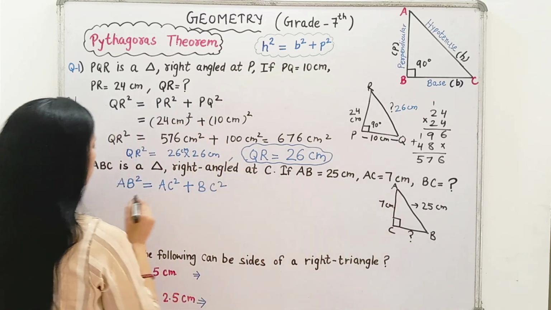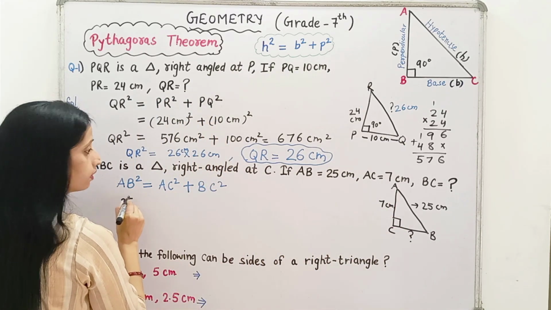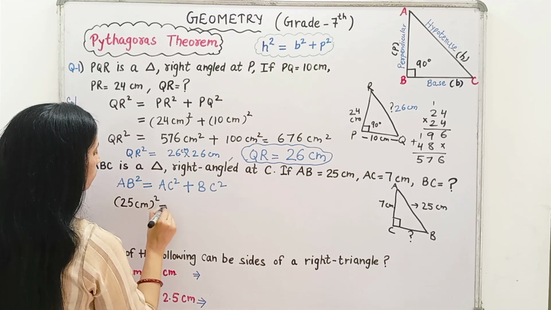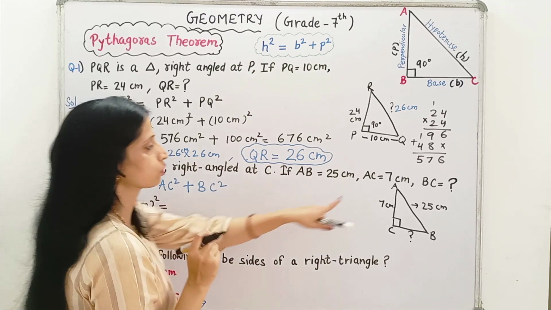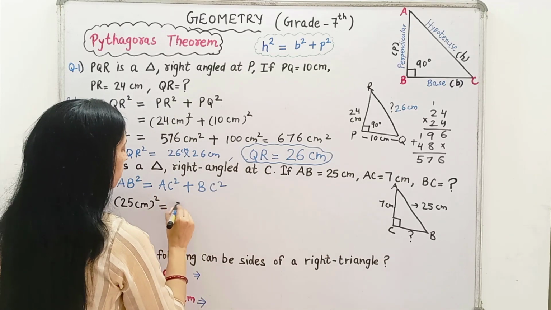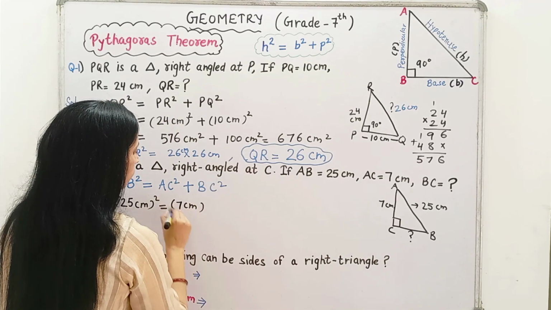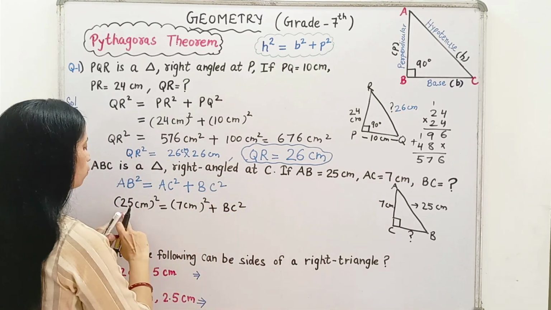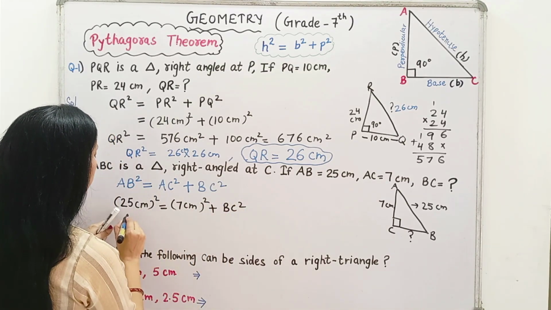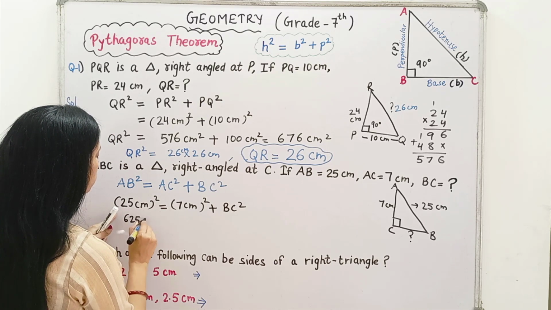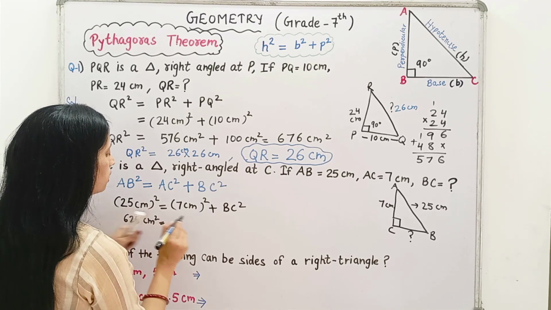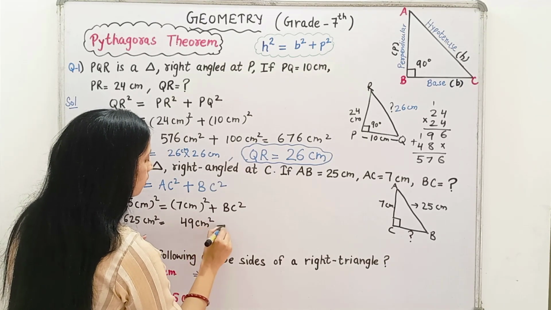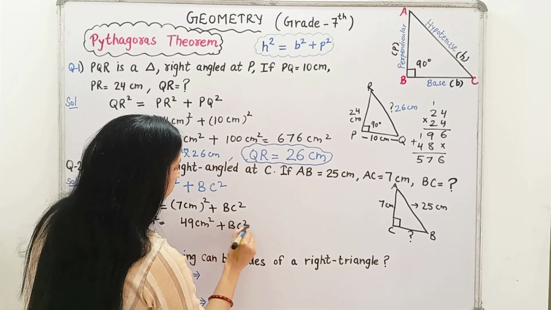AB we know it is 25 centimeter square. It will be equal to the square of AC, that is 7 centimeter square plus BC square. Now 25 square we know it will be 625 centimeter square. 7 square, 7 sevens are 49 centimeter square plus BC square.